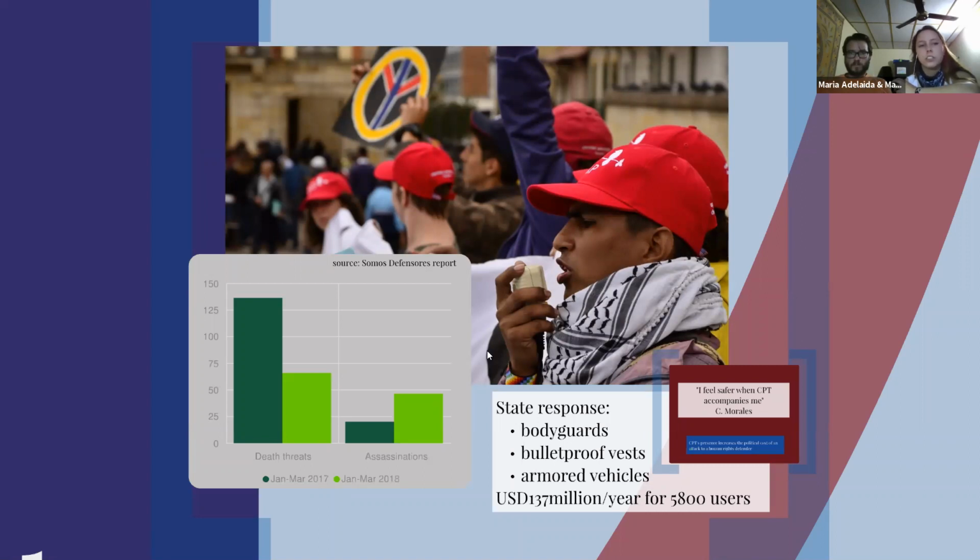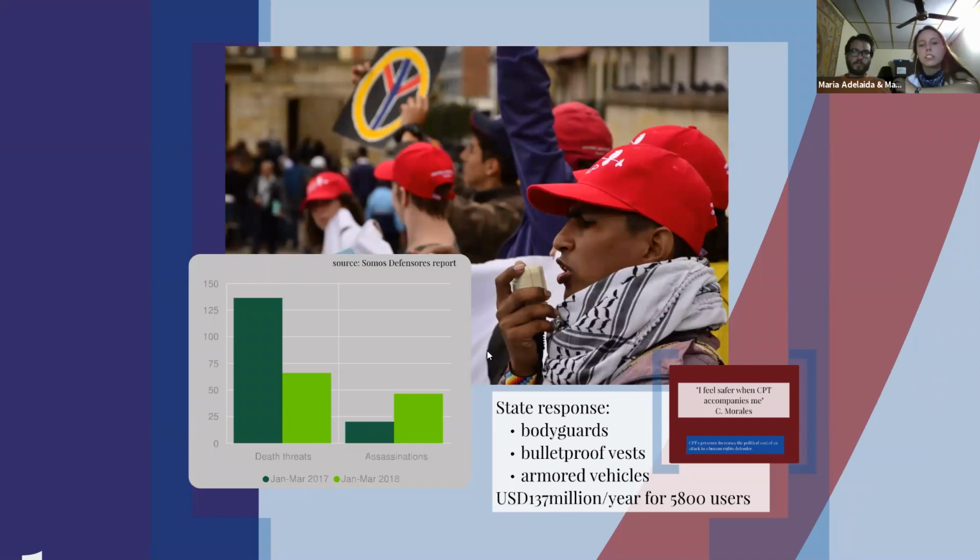Sometimes the human rights defenders are assassinated even with these measures. And these three measures cost around $137 million a year for 5,800 users, which is not that much.